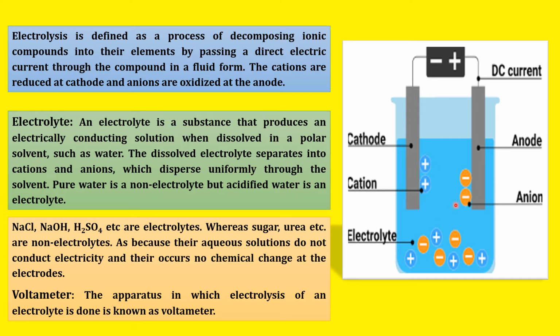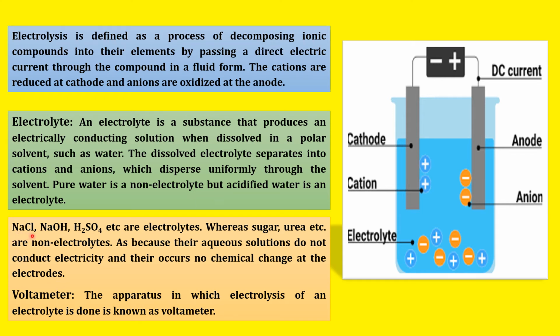Here solvent means water. Pure water is a non-electrolyte, but acidified water is an electrolyte. This sentence is very, very important. Pure water doesn't conduct electricity, but if we add some acid to the water, that acidified water is a proper electrolyte. Always remember.